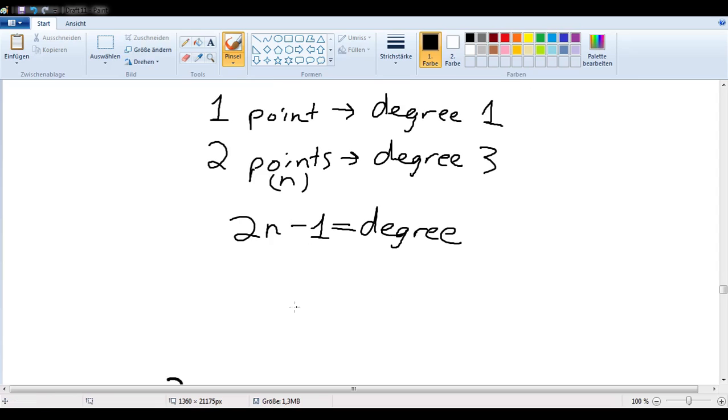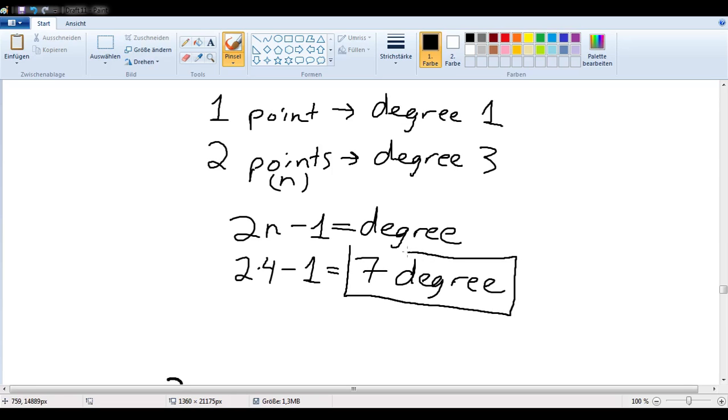Right? So if we had, let's say, 4 points, then we could exactly calculate all polynomials up to the 7th degree only knowing those 4 points. So again, it's pretty crazy.